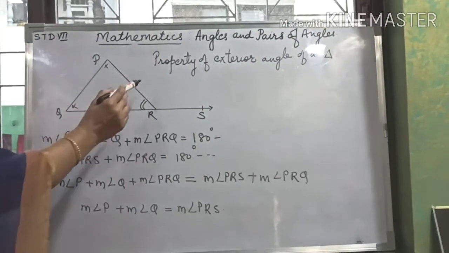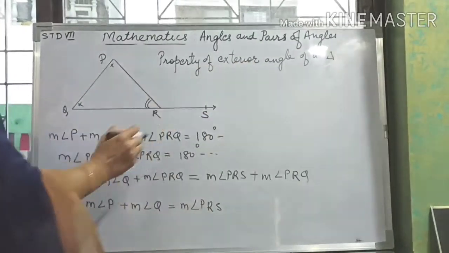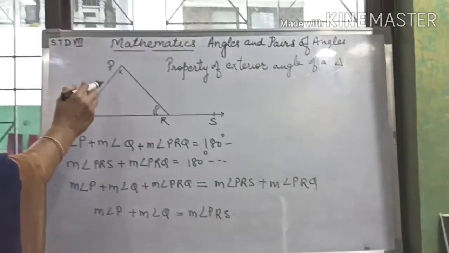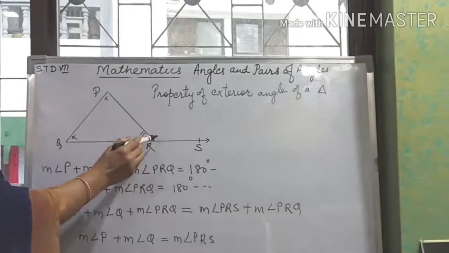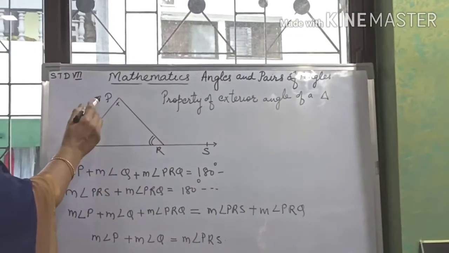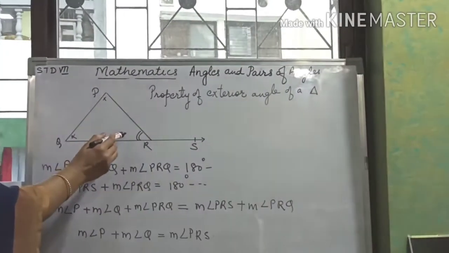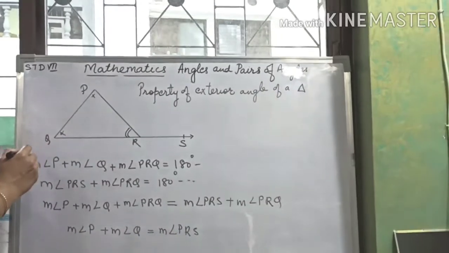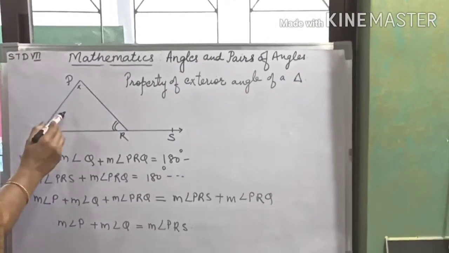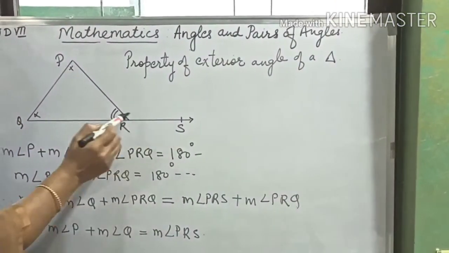Now we are going to learn the property of exterior angle of a triangle. Here angle PRS is exterior angle. Angle PRQ is adjacent angle. The angles P and Q are further away from angle PRS.